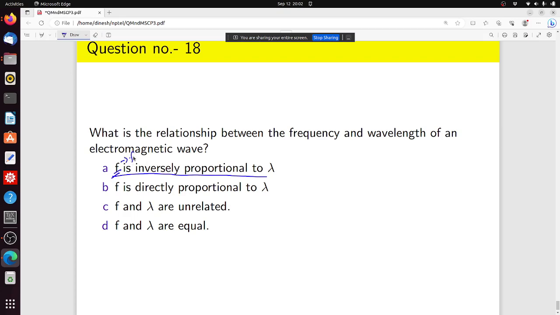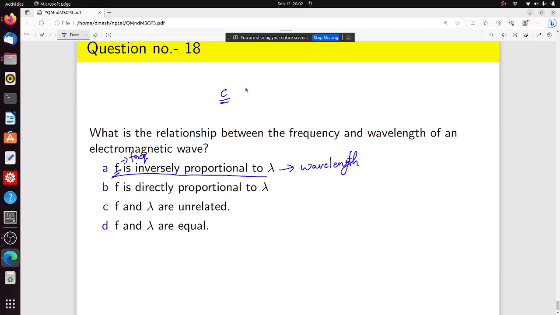This is frequency, and this is wavelength. Then how are they related? Can you tell what is the speed of light in terms of its frequency and wavelength?